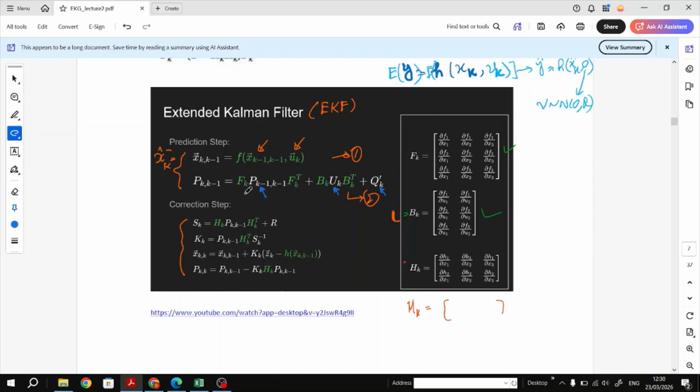Along with it, here we see the matrix F. This big F and small f are different. Small f is a nonlinear function, but big F is a partial derivative matrix, you can say the Jacobian matrix of the motion model.